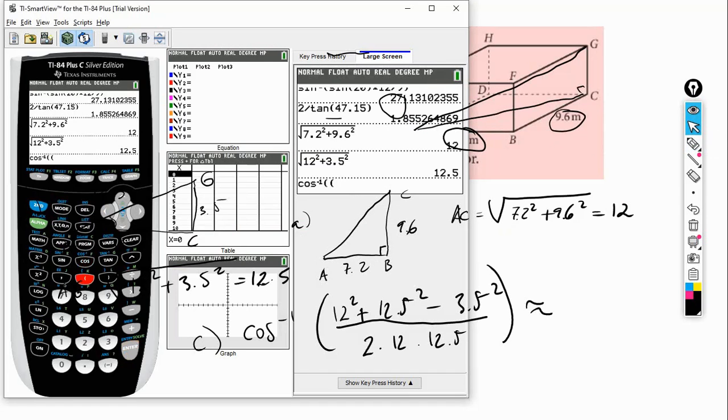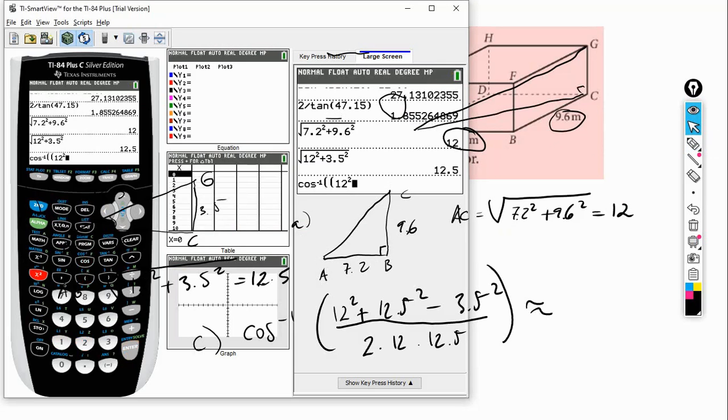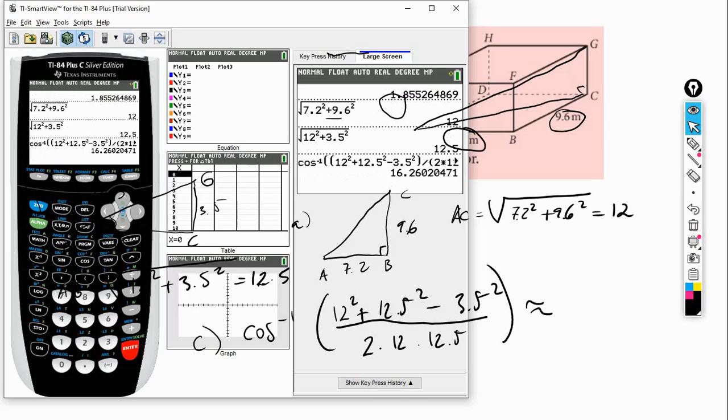So parenthesis 12 squared plus 12.5 squared minus 3.5 squared, close parenthesis, divided by, open parenthesis, 2 times 12 times 12.5, close parenthesis, and equals. And there we go, 16.26 degrees.